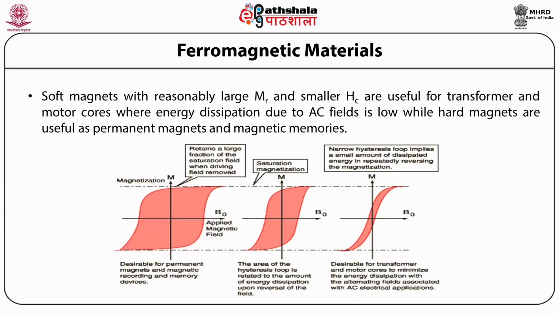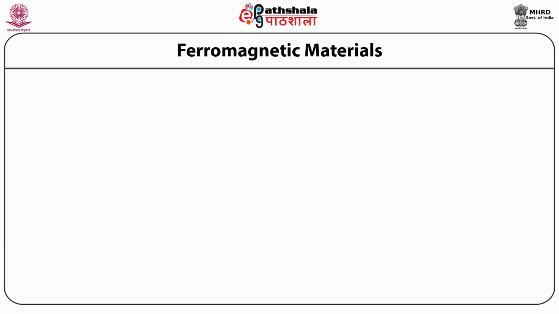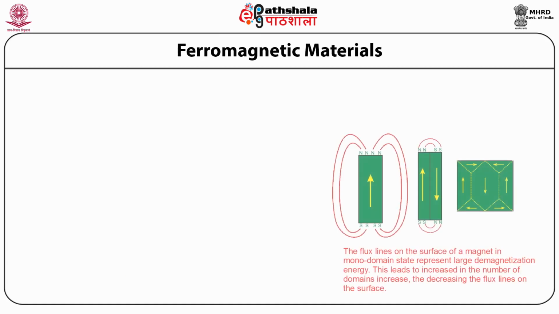electrical applications. This figure shows the formation of domains in a ferromagnetic material. As we can see from the figure, the flux lines on the surface of a magnet in the monodomain state represent large demagnetization energy.